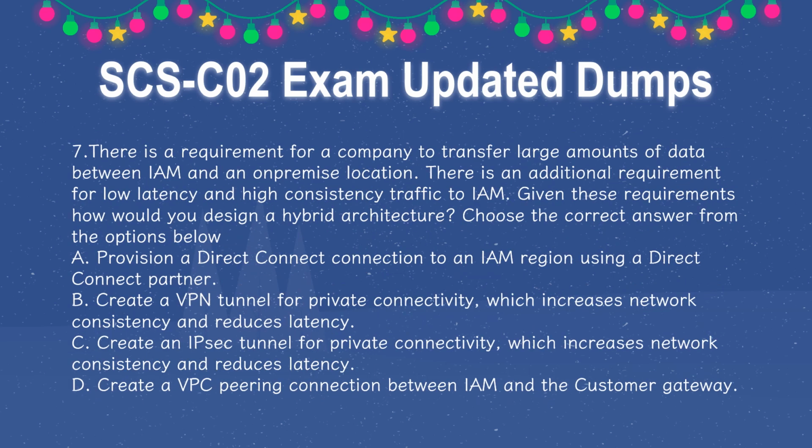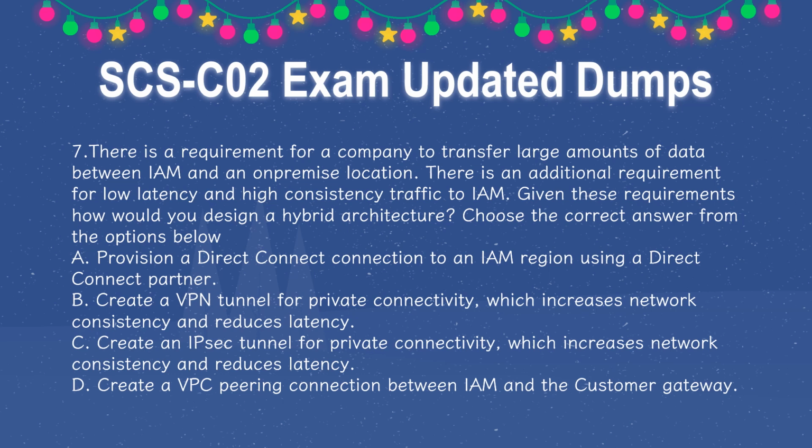7. There is a requirement for a company to transfer large amounts of data between AWS and an on-premise location. There is an additional requirement for low latency and high consistency traffic to AWS. Given these requirements, how would you design a hybrid architecture? Choose the correct answer from the options below. A. Provision a Direct Connect connection to an AWS region using a Direct Connect partner.